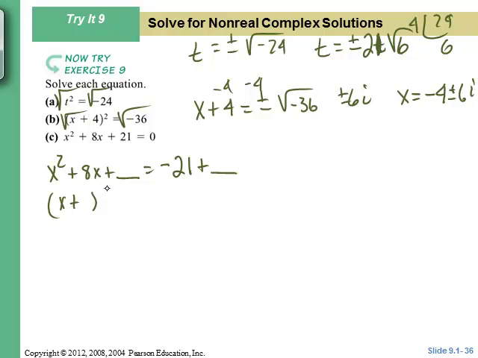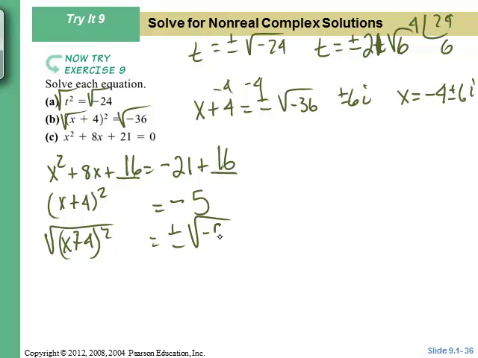X plus half of 8 is 4, squared is 16, negative 5. Square root both sides. Plus or minus square root negative 5. So we get x plus 4 equals plus or minus i root 5.